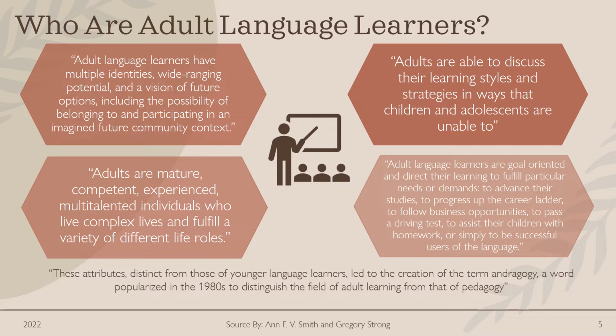They know their needs and their demands, and they're wanting to fulfill those goals that they have. They may be coming back to school to move up their career ladder, to advance studies, for business opportunities. Maybe they want to pass a driving test or assist their children with homework, or simply because they want to learn a new language. Maybe they want to travel, and so on and so forth.